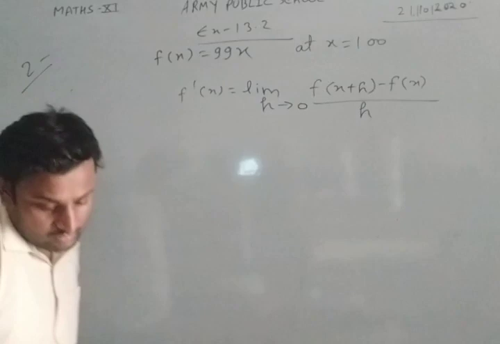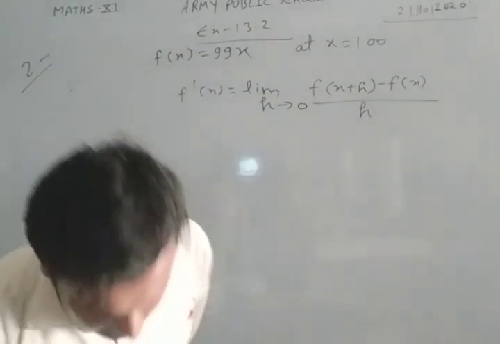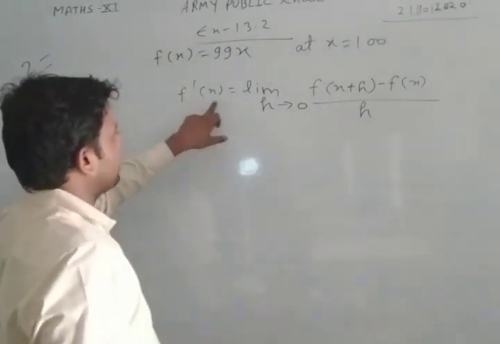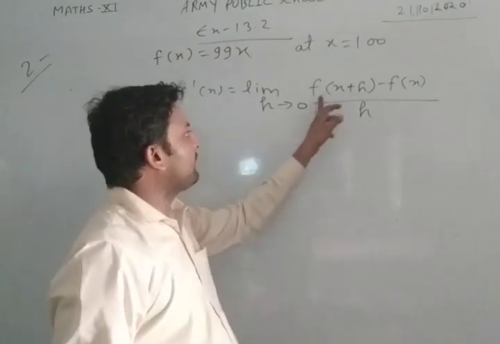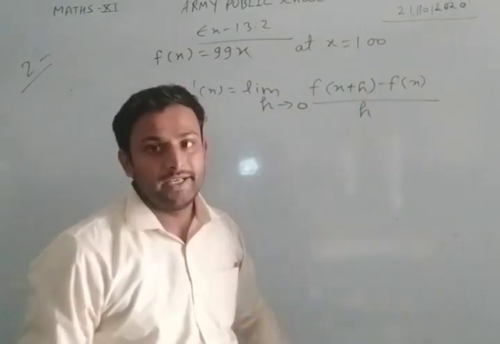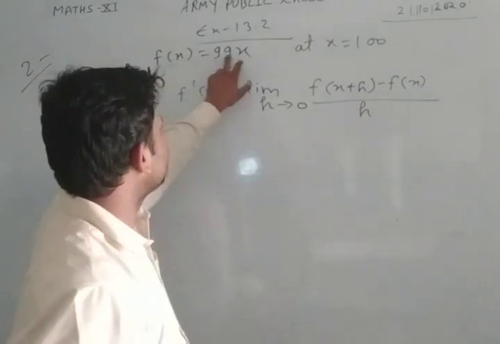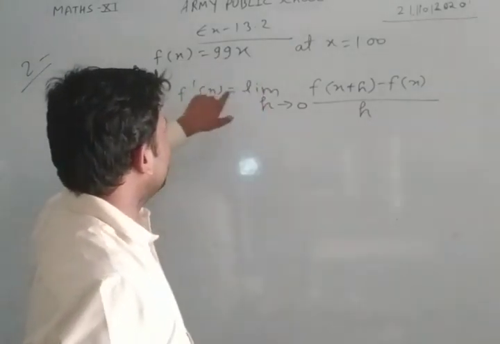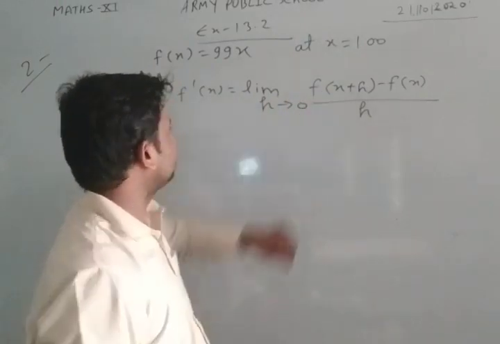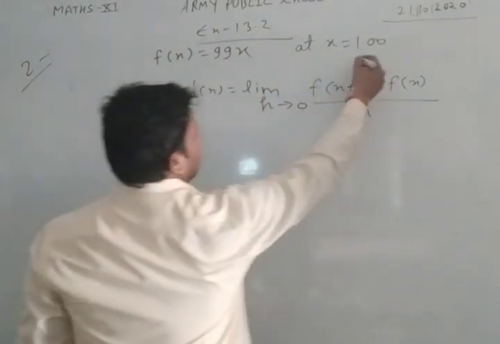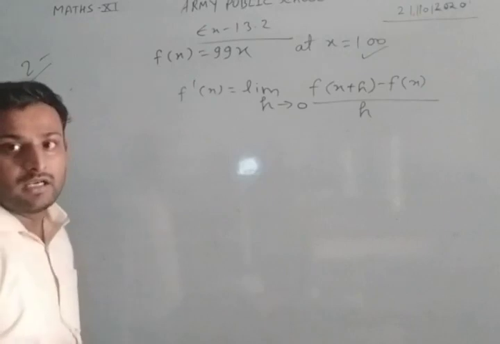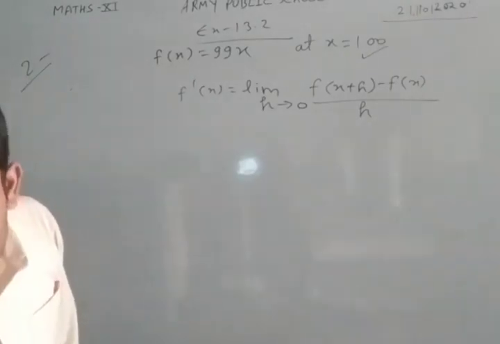Okay, so again we will start it. We take first f dash x, limit h tends to 0, f(x plus h) minus f(x) by h. Now our f(x) is 99x. If we are taking x plus h, we have to find it at the point x is equal to 100.